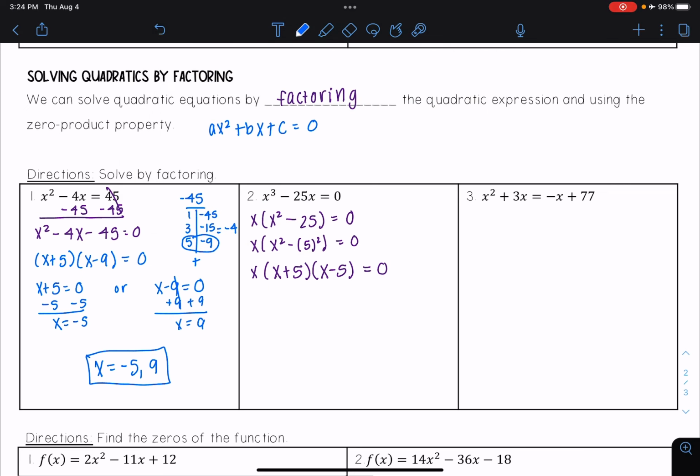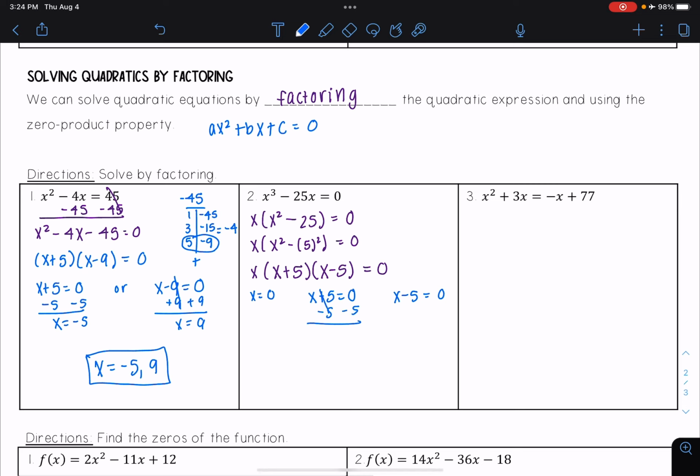So now I actually have three things that are multiplying together equal to 0. And so that means from the zero product property that any of these three can be 0. So I have x equals 0, x plus 5 equals 0, or x minus 5 is equal to 0.